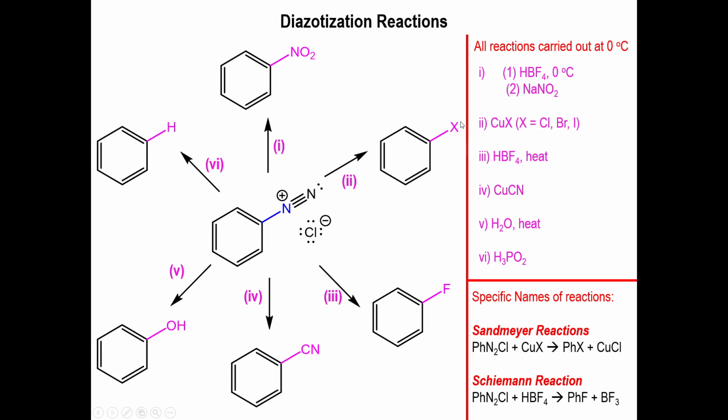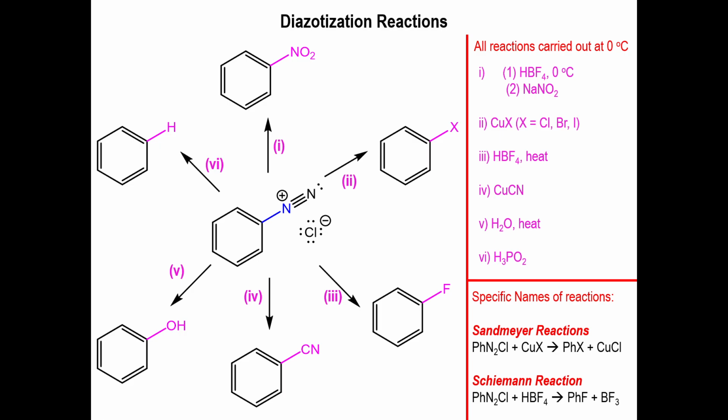You could also install halogens like chloro, bromo, or iodo if you use the corresponding copper(I) salt. You could also introduce fluorides if you use HBF4 and you heat up the mixture. You could put a cyano group with copper(I) cyanide. You could put hydroxide with water. You can reinstall a CH bond onto your aromatic using hypophosphorous acid. So basically, we've talked about all of these reactions in the past, but it is a powerful reaction for functionalizing aromatic compounds.